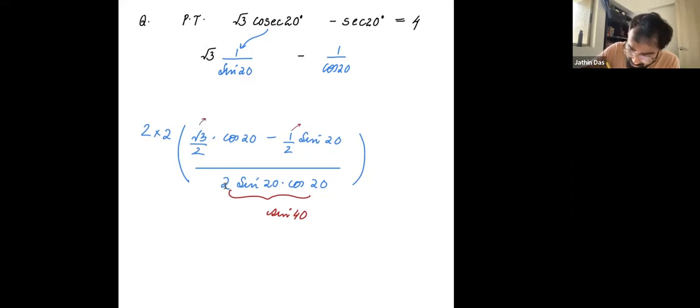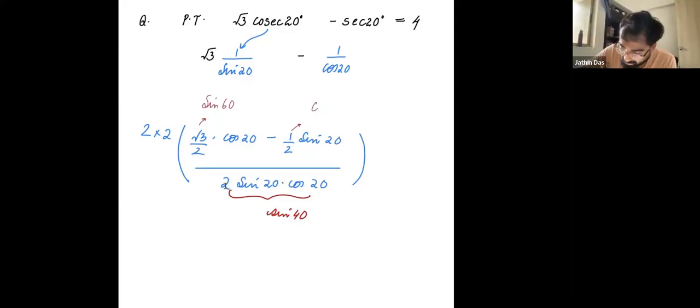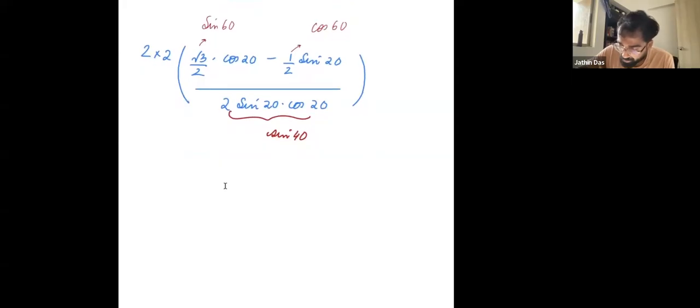Sine 60, and cos 60. Now you see, the top numerator is in the form sine 60 into cos 20 minus cos 60 into sine 20.